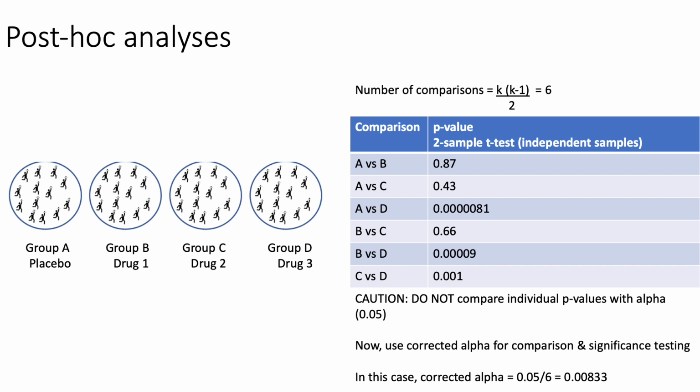The concept of multiple comparisons is beyond the scope of this particular video, but in this situation we would correct our alpha for the 6 tests by dividing the alpha 0.05 by 6. So now the alpha would be 0.00833, and I would compare those p-values from the table above to the corrected alpha level to check for significance, not the 0.05 alpha.